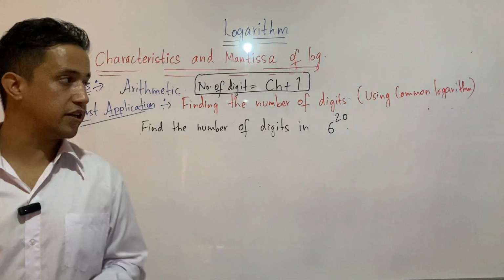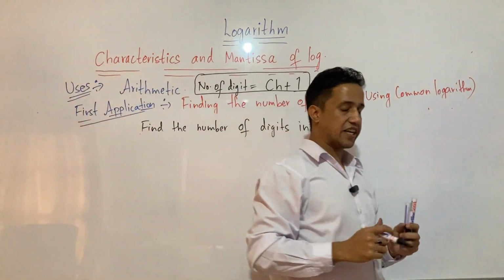Now you have to find the number of digits in 6 raised to the exponent 20.